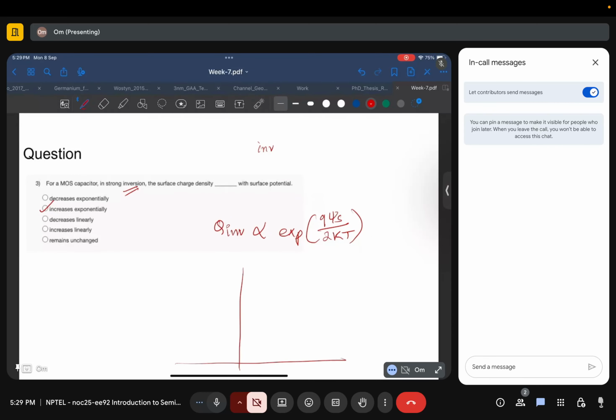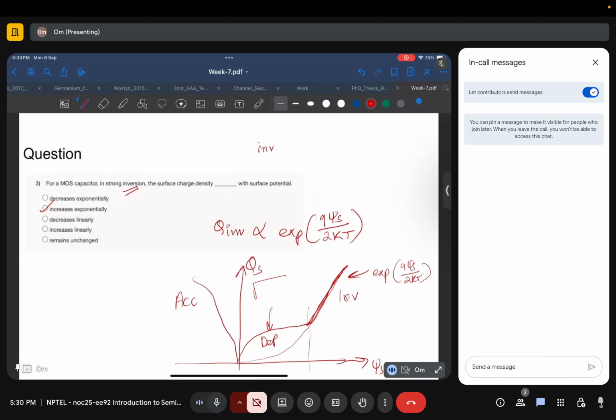Can be seen from that curve, right? Psi s versus Q semiconductor. This is accumulation, depletion, inversion. In inversion, it is exponential q psi s by 2kT. In depletion, it is under root q Na epsilon and psi s.